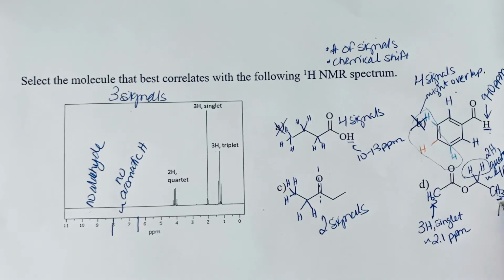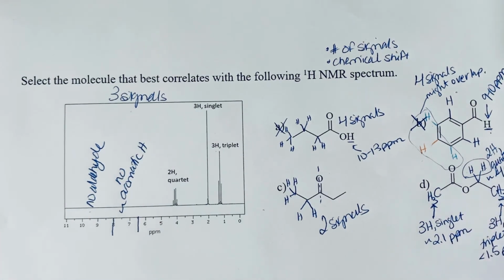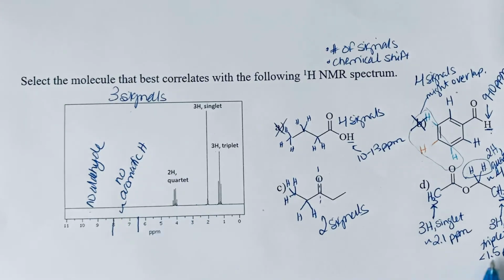And then finally this methyl group, 3 hydrogens, so it would integrate for 3 hydrogens. It would be split by the 2 adjacent hydrogens, so 2 plus 1 is 3, so it would be a triplet. And I would expect this to be somewhere, let's just say less than 1.5 ppm because it's attached to another alkane. And so we can see that this actually matches really, really well with what we see here.